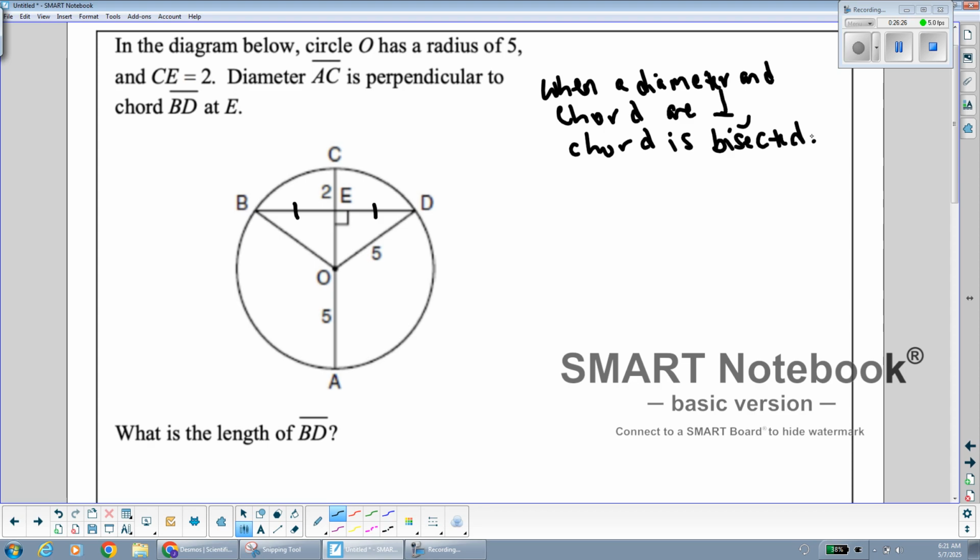And that's really helpful because if we find one of the sides, like ED, then we have BE, or if we find BE, then we have ED, and then we can just put them together in order to get BD.